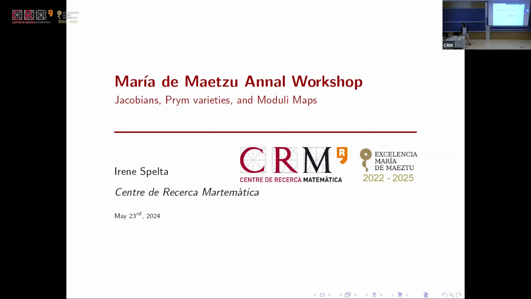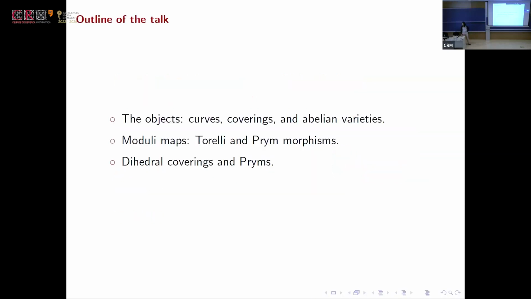So the outline of the talk is the following. I'm going to speak about curves, complex curves, coverings, and abelian varieties. Then I will introduce two famous moduli maps in algebraic geometry, the Torelli morphism and the Prym morphisms. There is more than one, it depends on the kind of coverings that you consider.